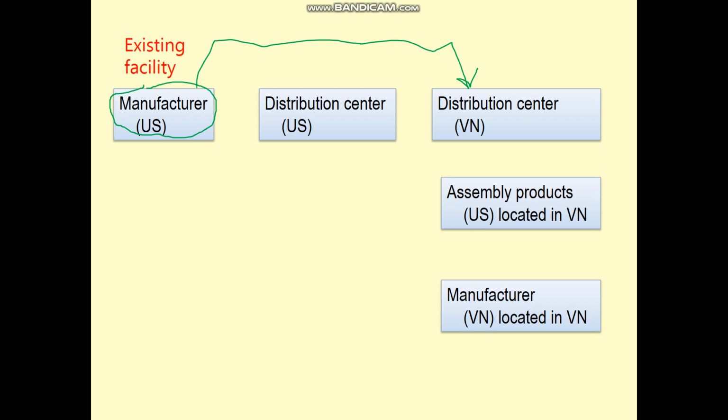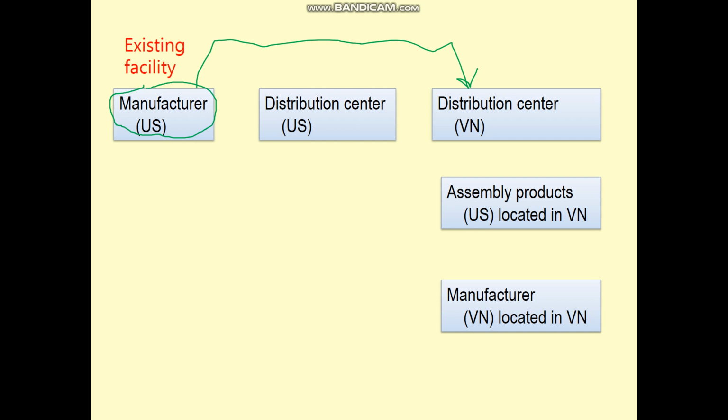In this case, they also don't need to locate a new facility because they only produce products in the existing facility, then export the product to the distribution center or the customer in Vietnam.